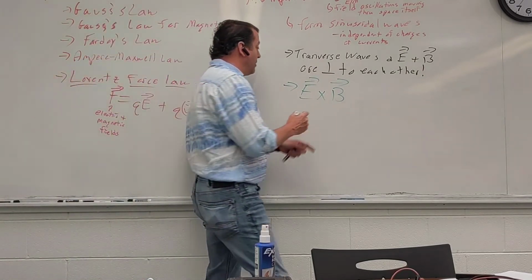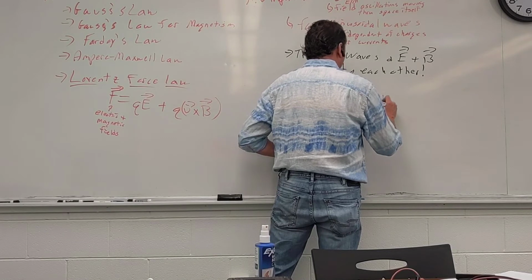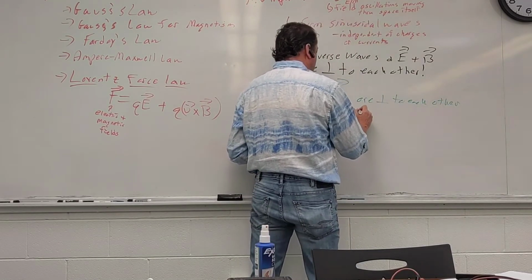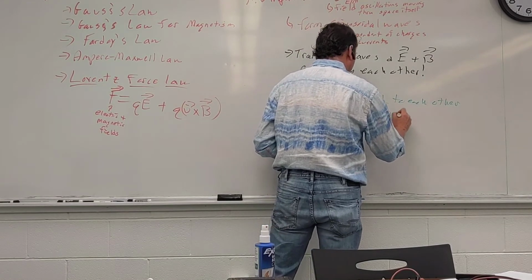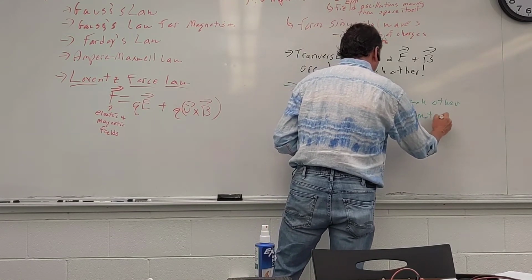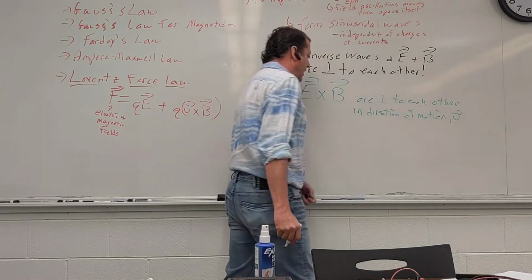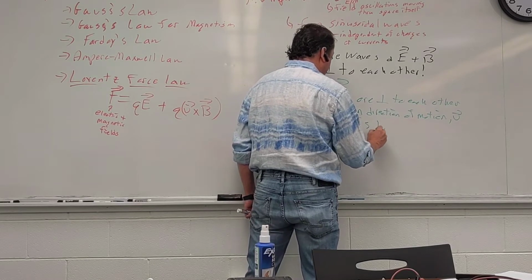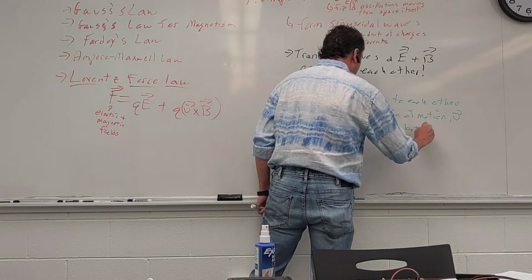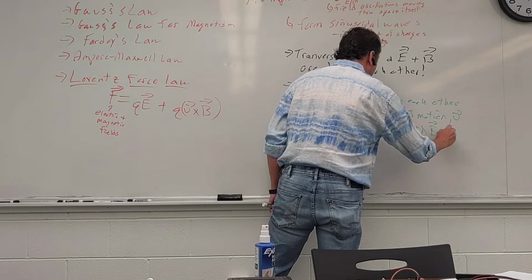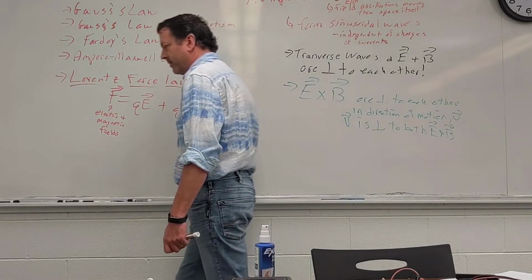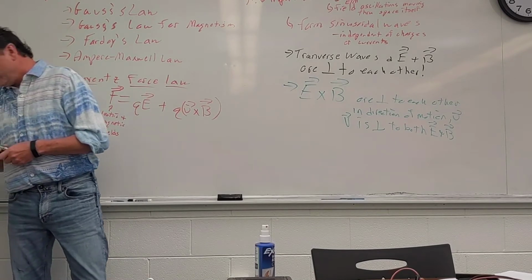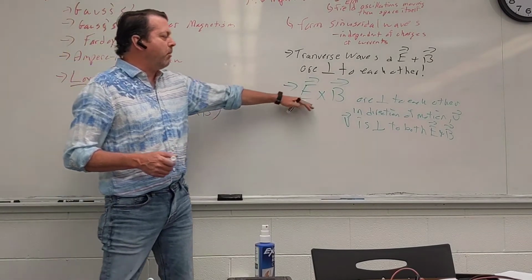Now if these two are perpendicular to each other, the direction of motion, V, is perpendicular to both E and B. Sometimes known as the Poynting vector.